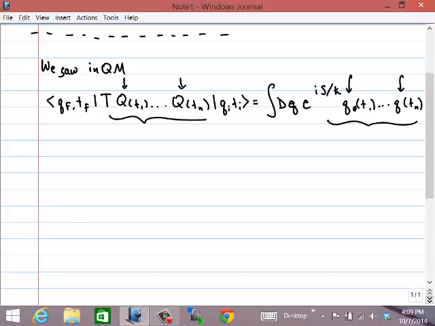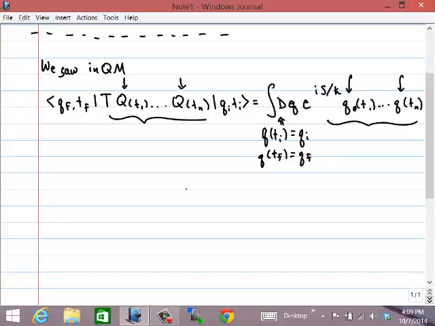But those quantities that we can observe, namely correlation functions, are still computable using either the Hamiltonian or the path integral formulation. And the initial and final states are imposed by the boundary conditions on the path integral. That is to say, we constrain the set of functions q of t that we integrate over so that q at t initial is q initial and q at t final is q final.